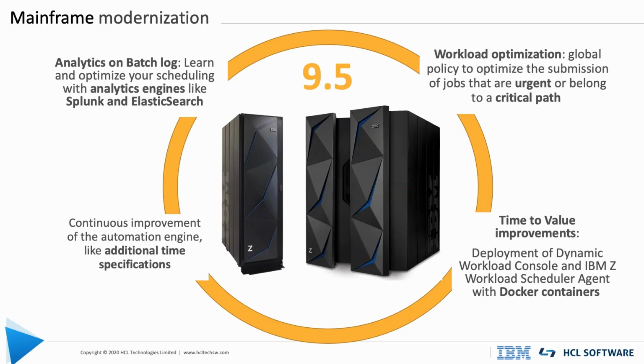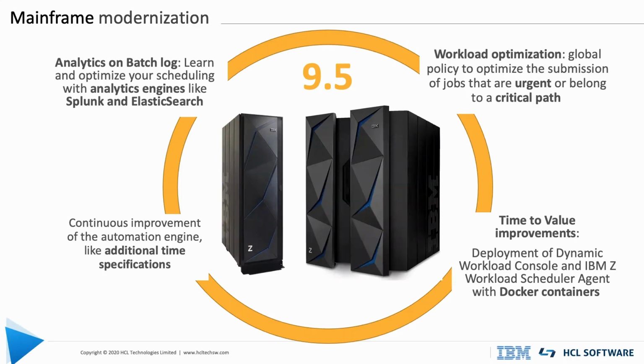We did some work to allow an optimization of the submission of the workloads. So we provided global policies based either on criticality of your job definitions or even global parameters to influence how fast we submit workloads on the system.